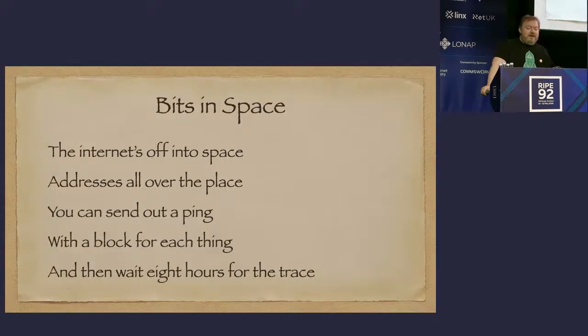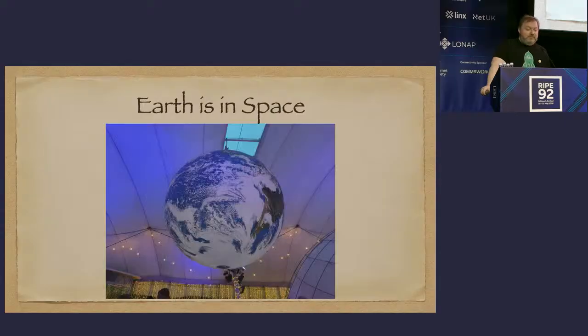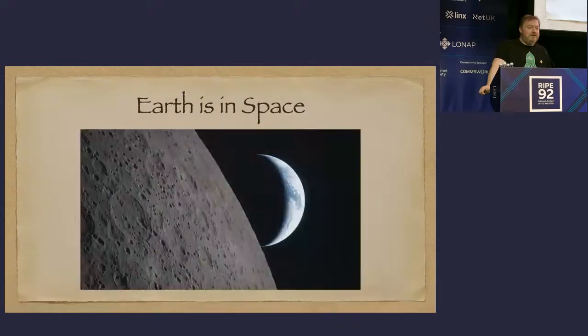And my key takeaway from Tony's comments at his presentation was, Earth is in space, which I never really thought about, but yes, that's actually 100% accurate, and the dinner venue last night very clearly showed this to us. There's also a better picture that the Artemis 2 mission gave us a couple of months ago, which is my new favorite astronomy picture, the Earth is in space.